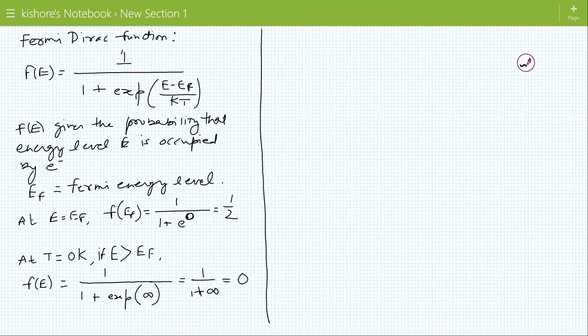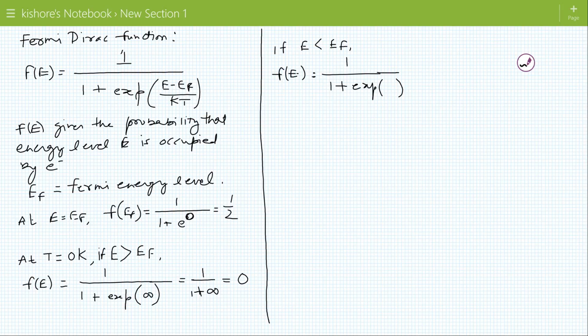Similarly, if E is less than EF, energy is less than Fermi energy level, then Fermi-Dirac function is 1 upon 1 plus e to the power (E minus EF) by kT. If E is less than EF, then this difference E minus EF is negative.